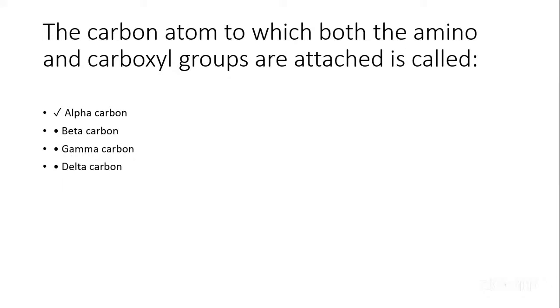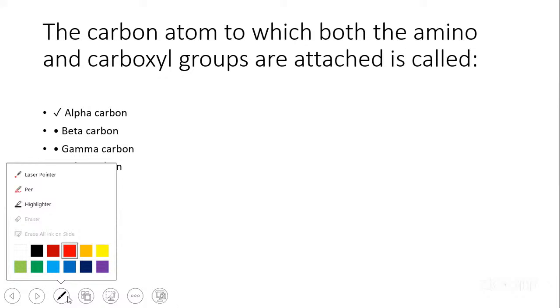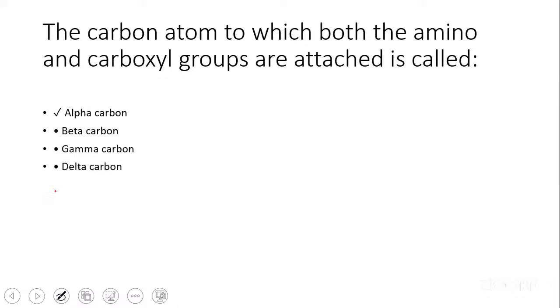Now the carbon atom to which both the amino and the carboxylic group are attached is called, the answer is the alpha carbon.